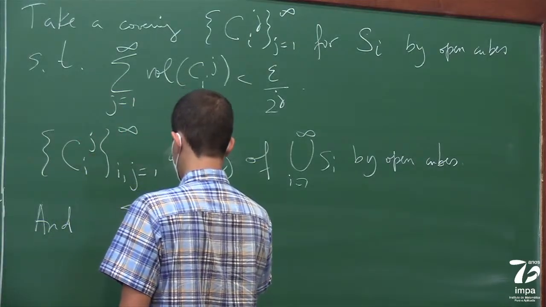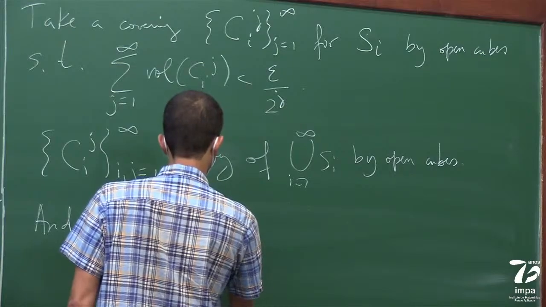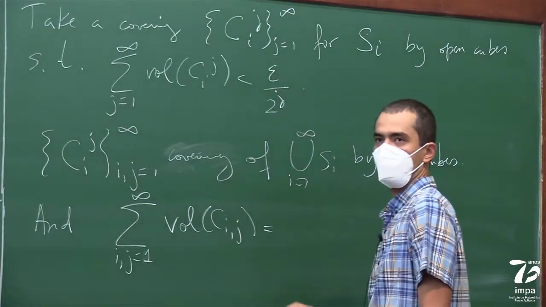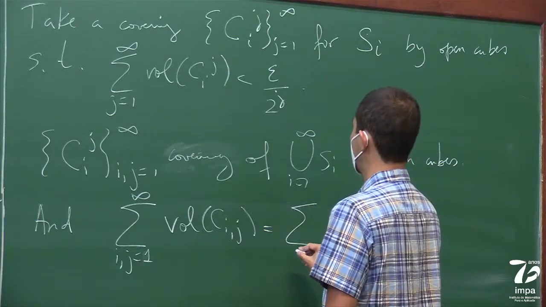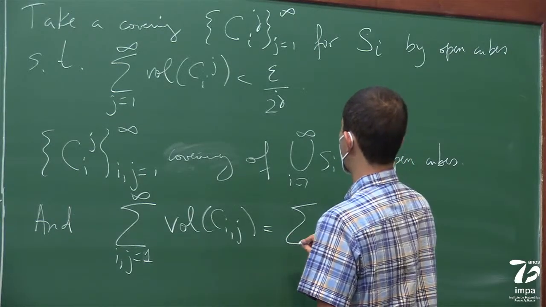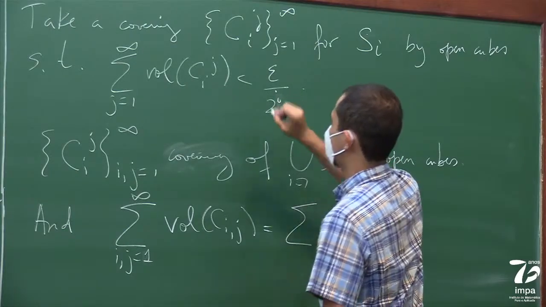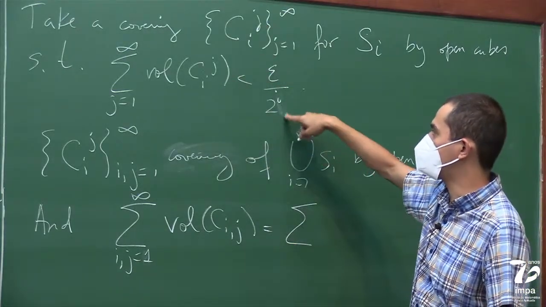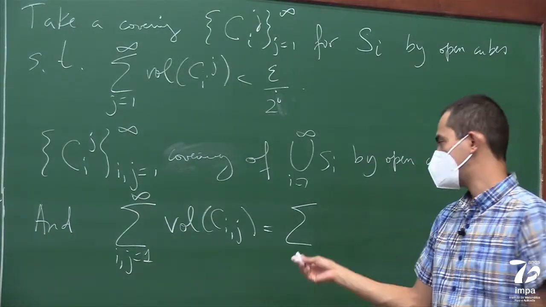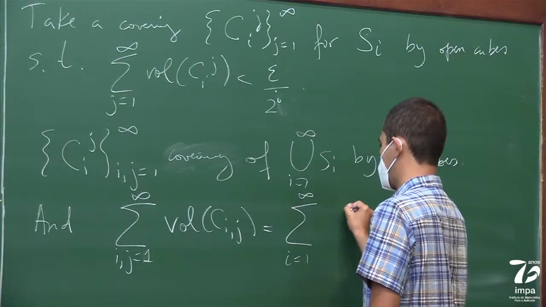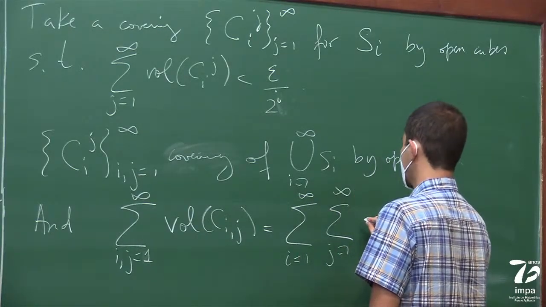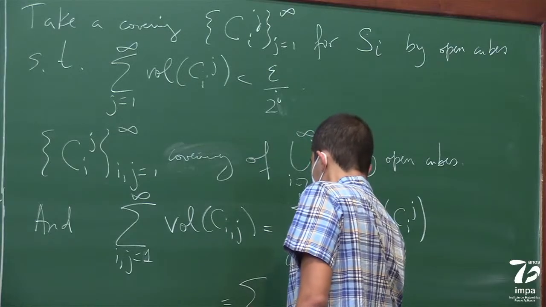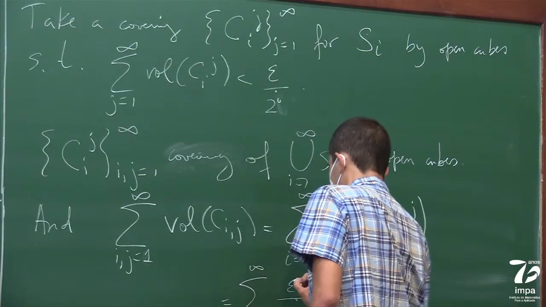So the sum of the volume of Cij, with i and j going from 1 to infinity, converges because you can rewrite this as the sum over i of the sum over j of this volume, which is the sum over i of epsilon over 2 to the i.